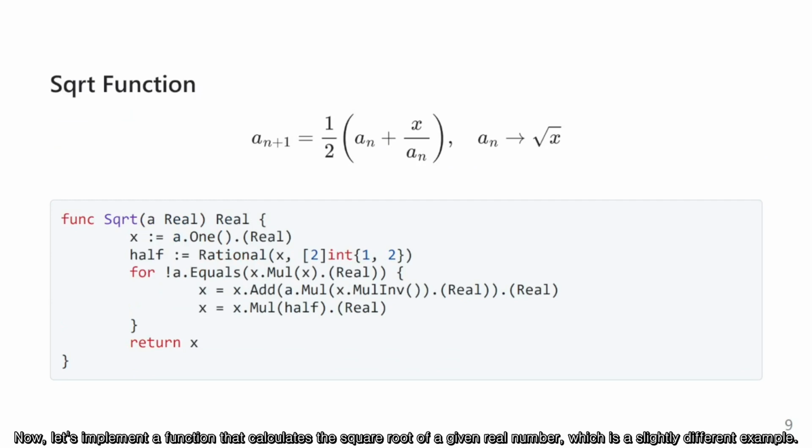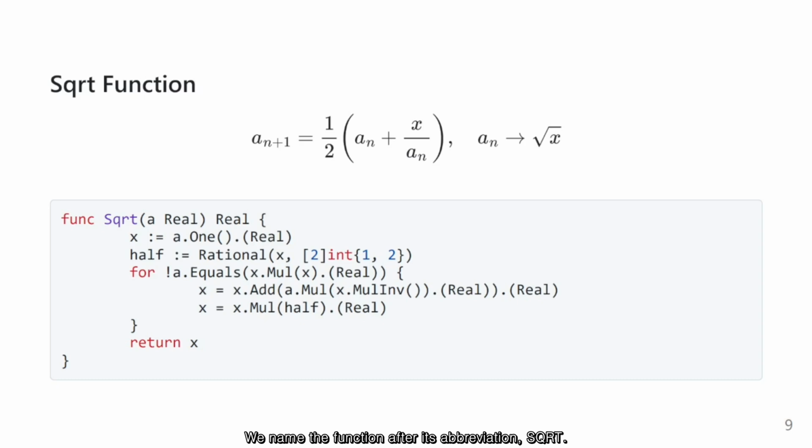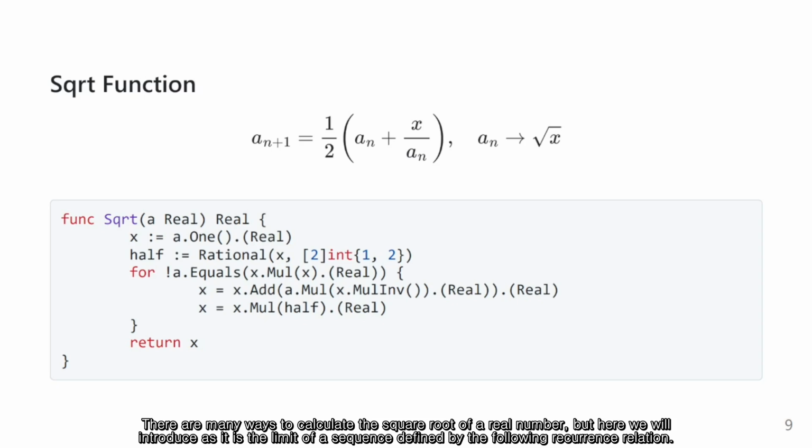Now, let's implement a function that calculates the square root of a given real number, which is a slightly different example. We name the function after its abbreviation, sqrt. There are many ways to calculate the square root of a real number, but here we will introduce it as the limit of a sequence defined by the following recurrence relation.